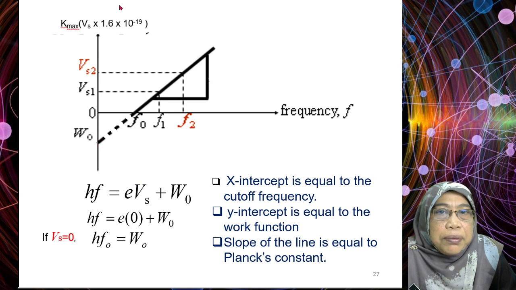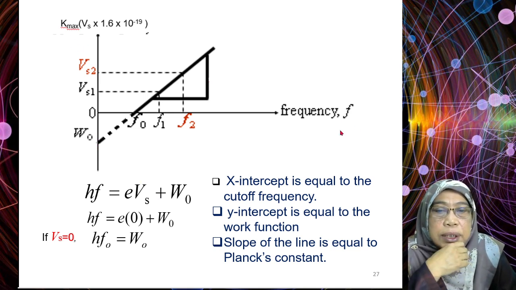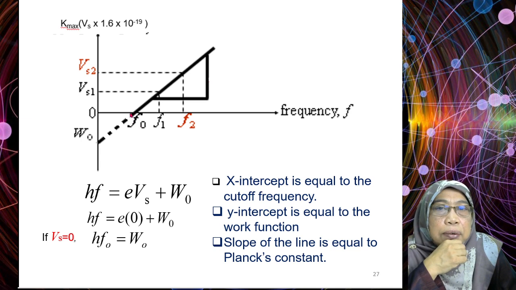So what you can get from the graph of K maximum against frequency: the x-intercept is equal to the cut-off frequency. At the cut-off frequency, the kinetic energy maximum is equal to 0.